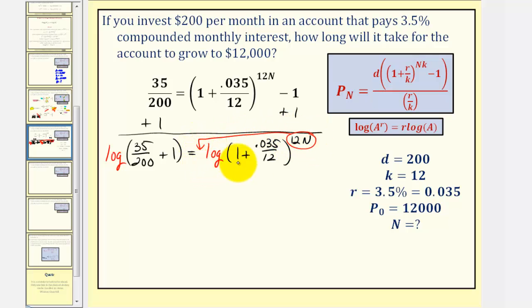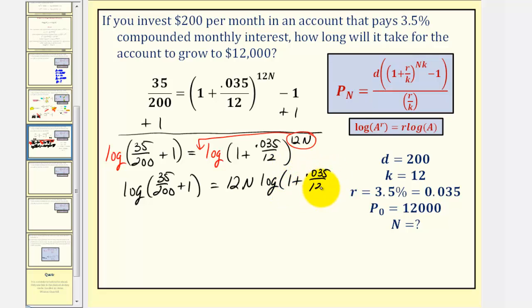So we'd have 12n times this logarithm. So now we have log of 35 divided by 200 plus 1 equals 12n times log of 1 plus 0.035 divided by 12.